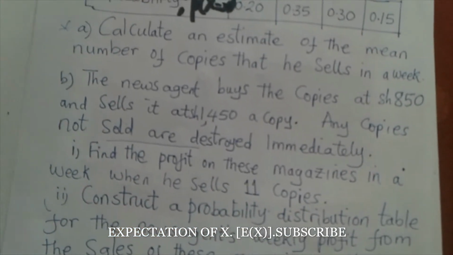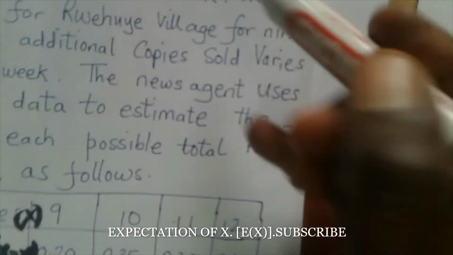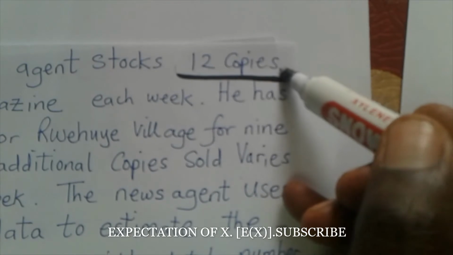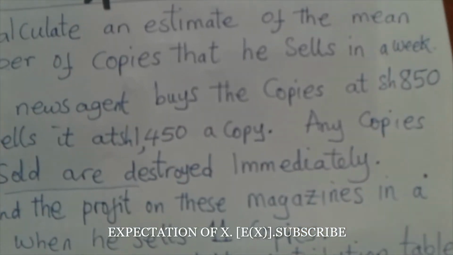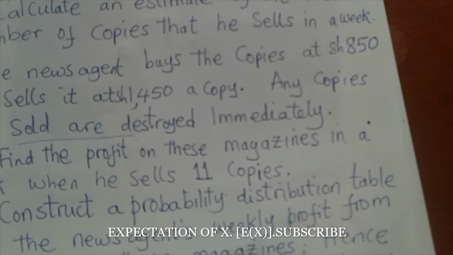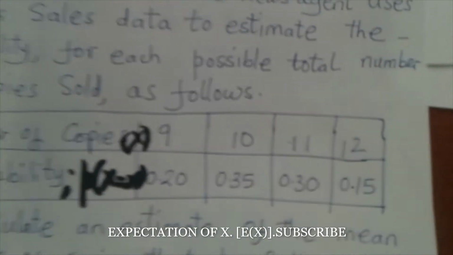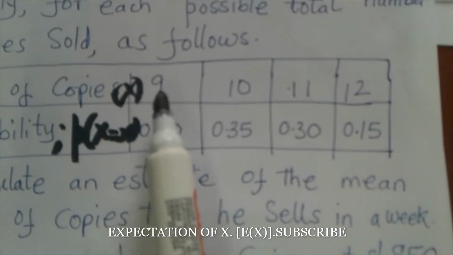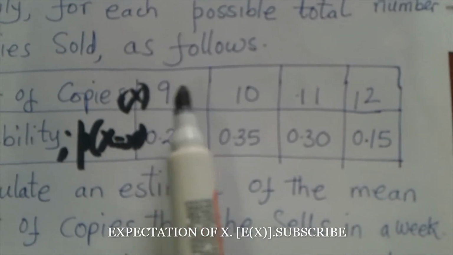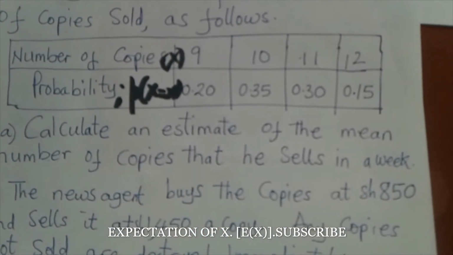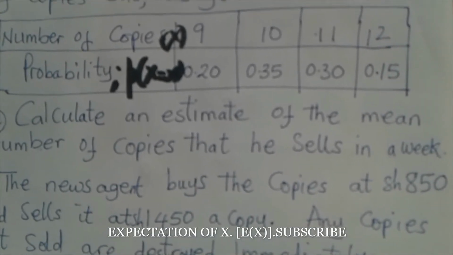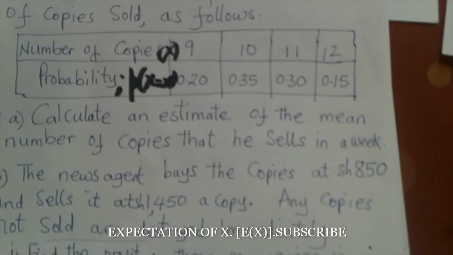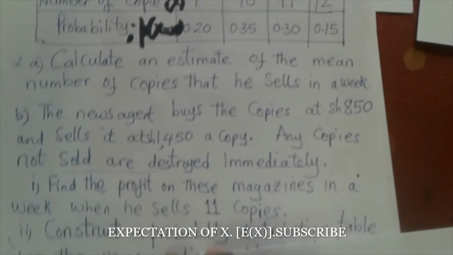So it means this news agent stocks 12 copies every week. Every week he stocks 12 copies, but if any copy is not sold, it is destroyed. And you can see that on some days, after stocking 12 copies, 9 are sold, so 3 are not. Therefore, the 3 are destroyed on the spot. And if he sells 10, it means 2 are destroyed.